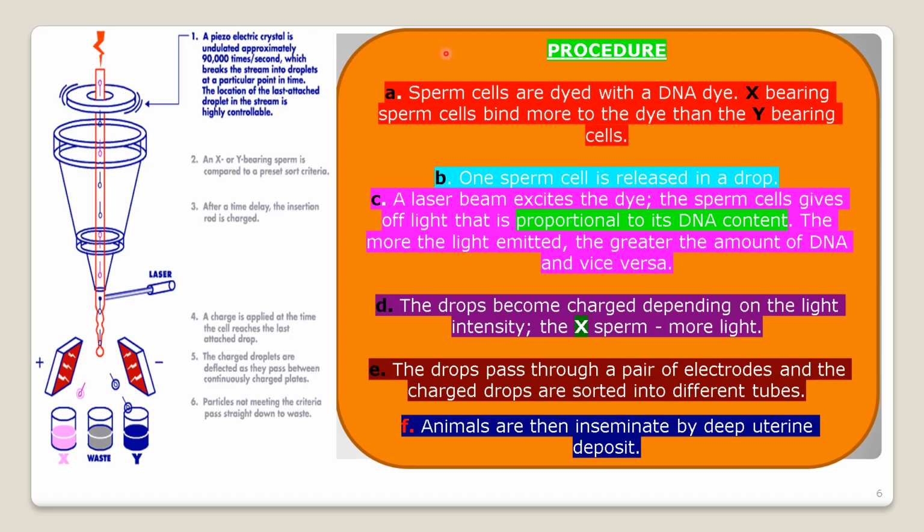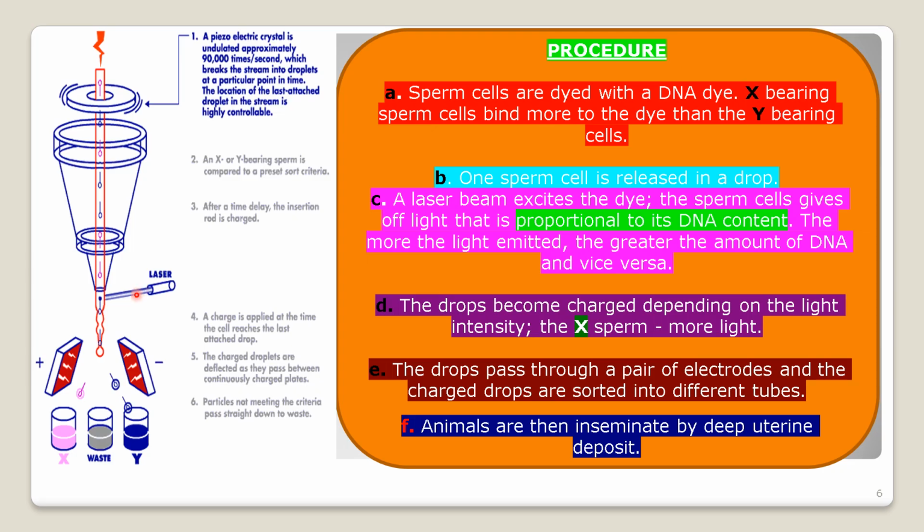So the procedure is as follows. Sperm cells are dyed with DNA dye, and the X bearing sperm cells bind more to the dye than the Y bearing sperm cells. Only one sperm cell is released in a drop. The drop goes through this tube, and as it gets to this point, laser beams excite the dye.